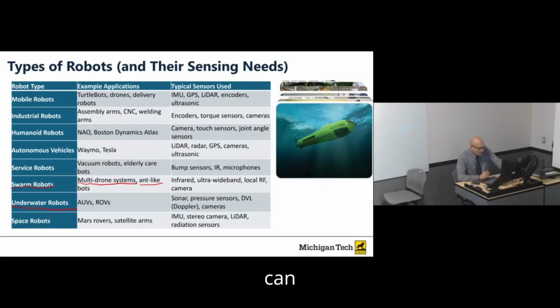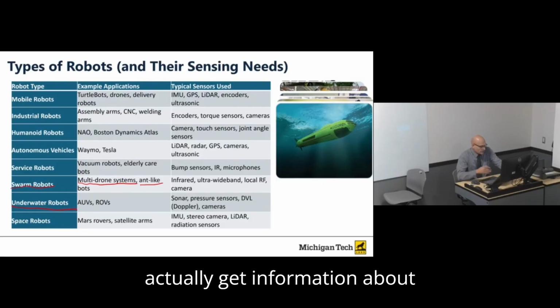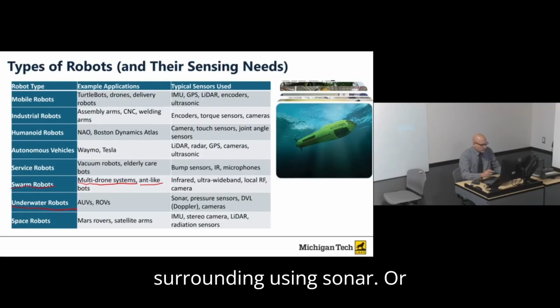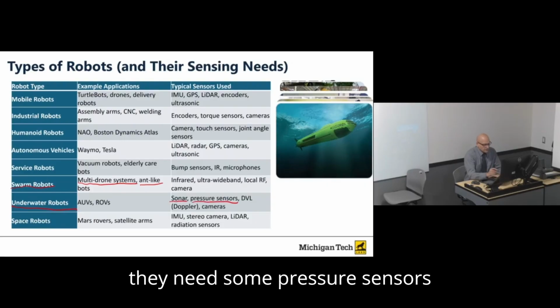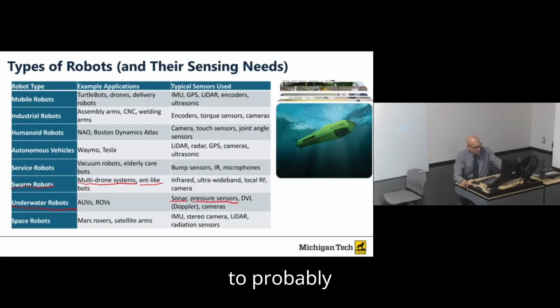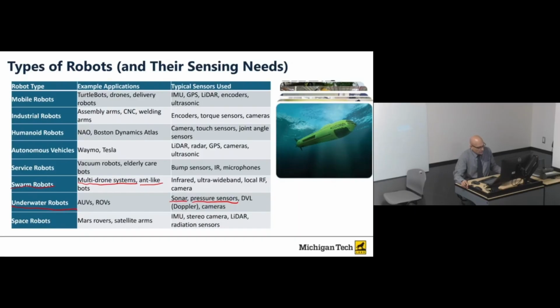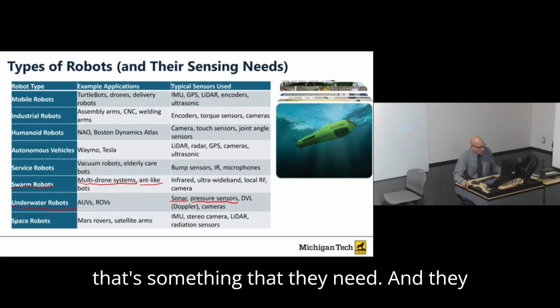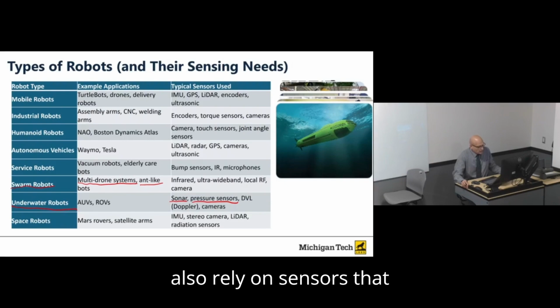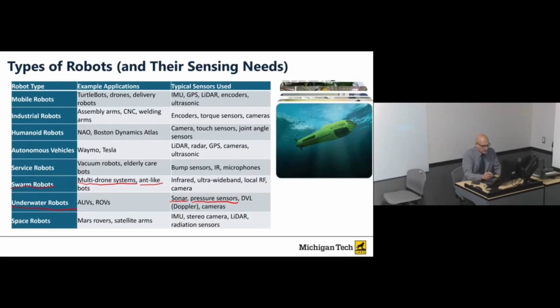Sonar can get information about the surroundings, or they need some pressure sensors to understand which depth they are at based on the pressure. That's something that they need. And they also rely on sensors that they mostly call Doppler sensors, or Doppler velocity log.